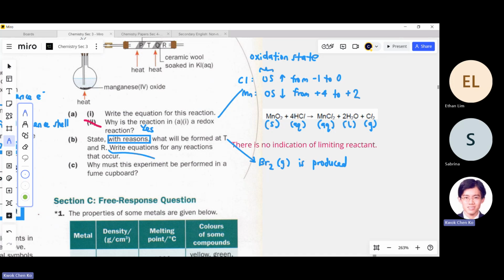Now for R, Ariana is correct too. I2. Now, okay guys, let's go back all the way to your chemical bonding and structure. All these are simple molecules. Therefore, you will expect them to have low boiling point. So if you just apply some heat, it vaporizes easily. So you will expect it to be a gas as well.